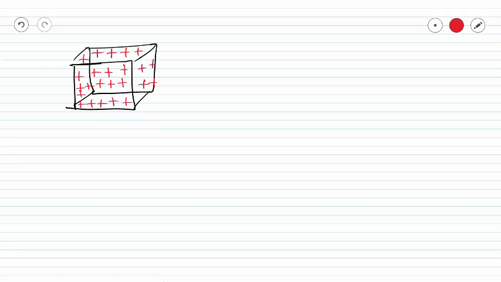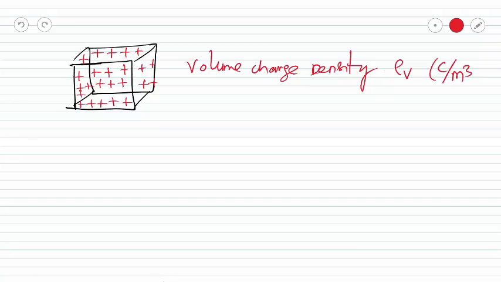So if a charge is distributed evenly or uniformly inside a volume, then the charge is described by a parameter called volume charge density. So volume charge density is indicated by rho v and units will be coulomb per meter cube. So this is volume charge density.